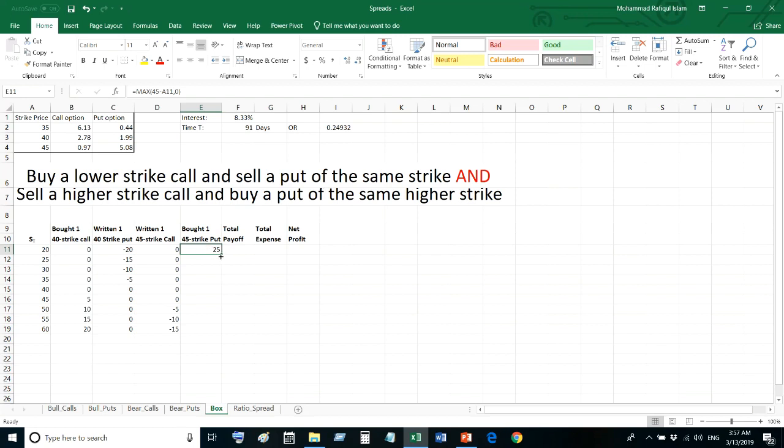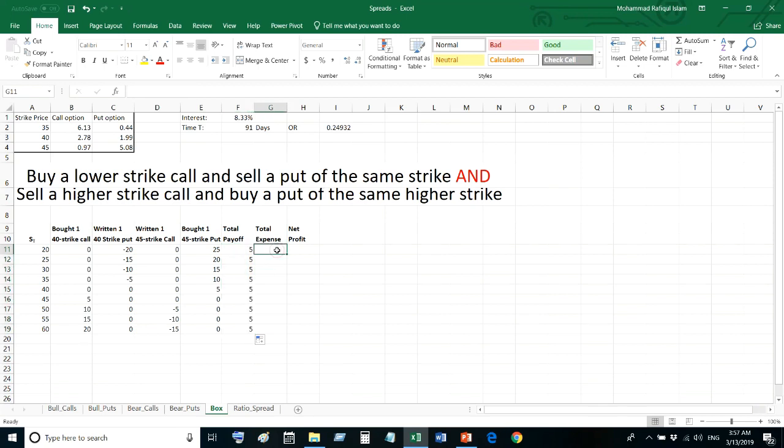That's it. To calculate the total payoff, we just add these four payoffs. So the payoff is always the same in either case.